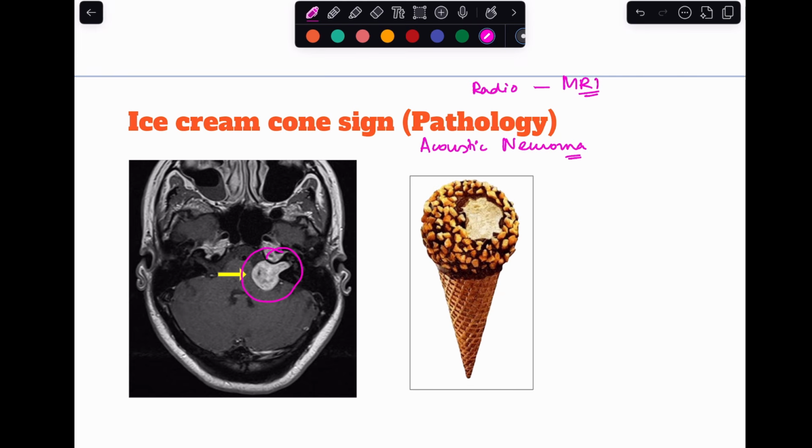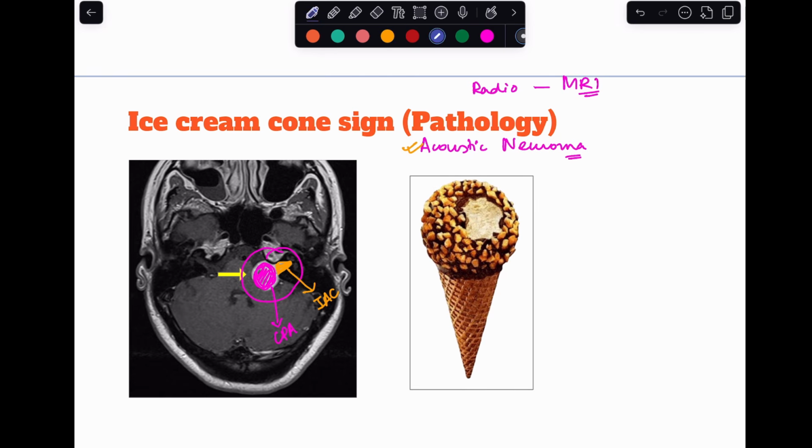The part in the cerebellopontine angle forms the scoop, whereas the cone portion over here forms in the internal auditory canal. So this is the tumor extension in the cerebellopontine angle and the internal auditory canal, or internal auditory meatus. This ice cream cone sign is a typical feature of acoustic neuroma or vestibular schwannoma.